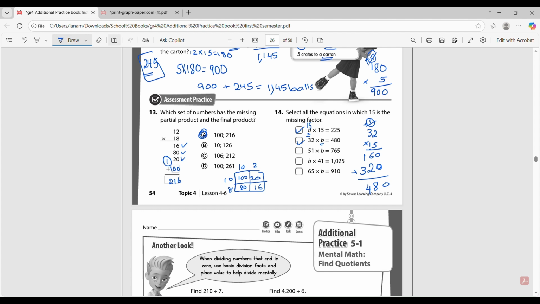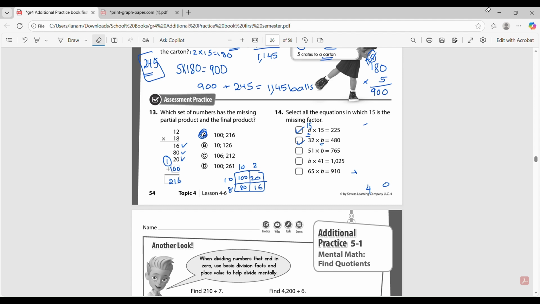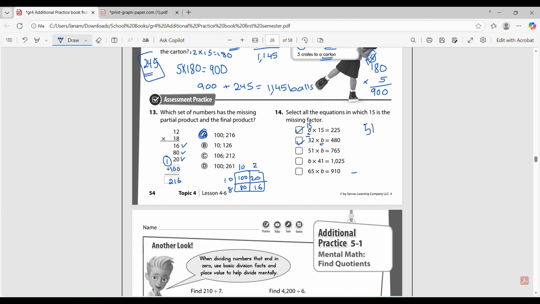Now let's do the third one, the third equation. I have 51 multiplied by the variable, which means 15. So 51 multiplied by 15. 5 times 1 is 5. 5 times 5 is 25.